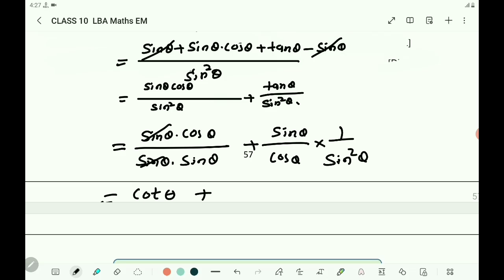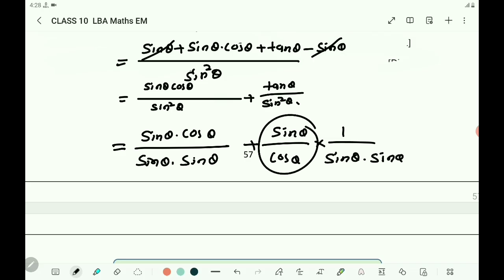plus again here, into 1 by sin square theta can be written as 1 by sin theta into sin theta. This is tan theta by sin square theta. Here sin theta cancels, cos by sin is cot theta plus sin theta cancels.